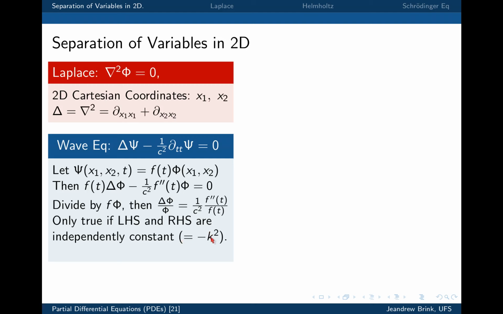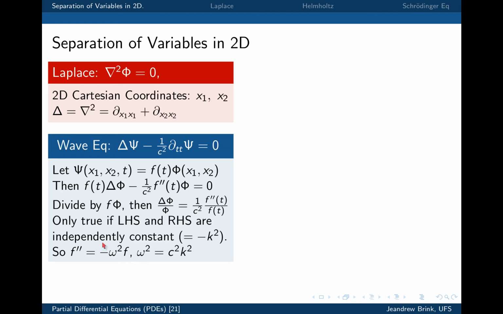So we're going to call this constant minus k squared, and then if you put this thing equal to minus k squared, you've got f double derivative is equal to minus c squared k squared f, and I've just called omega squared c squared k squared.